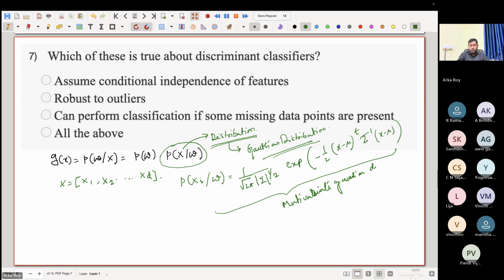This is the equation for the multivariate Gaussian distribution.